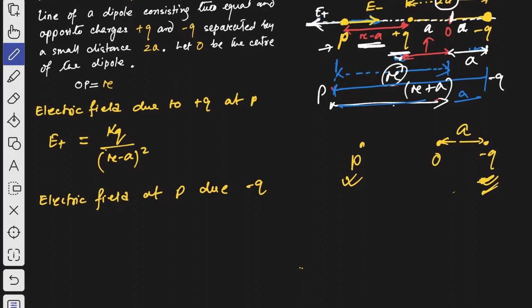So the distance between the center O and negative Q is A, small a, and the distance between O and point P we have considered to be R, right?